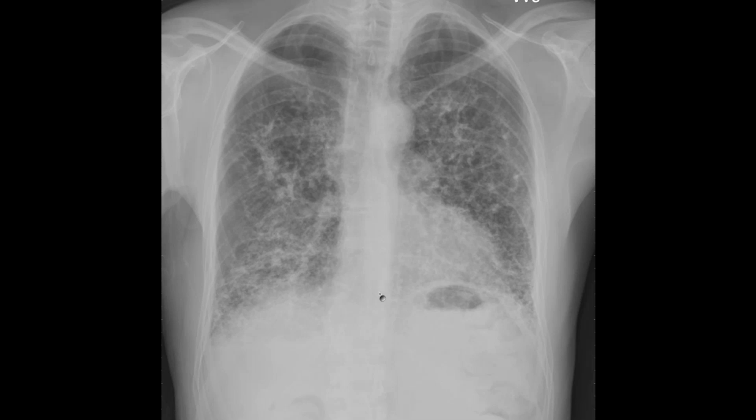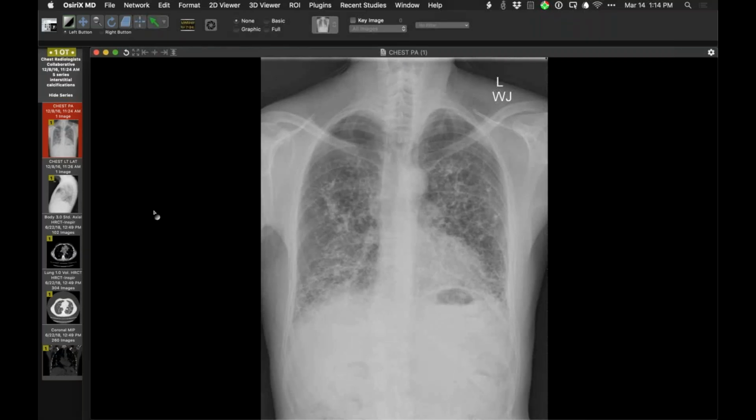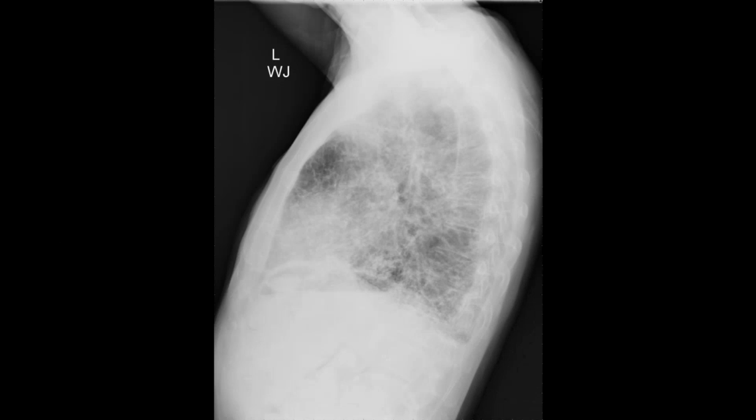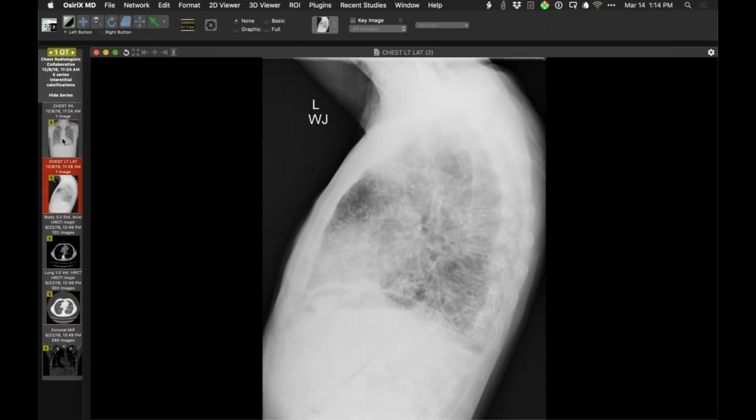recognition. So I don't think we would use easily the word reticular to describe this, although of course you could say, but then you would have to say very large and coarse reticular opacities are present in the lungs, involving all lobes. That's what the projection looks like, which is not itself very helpful.